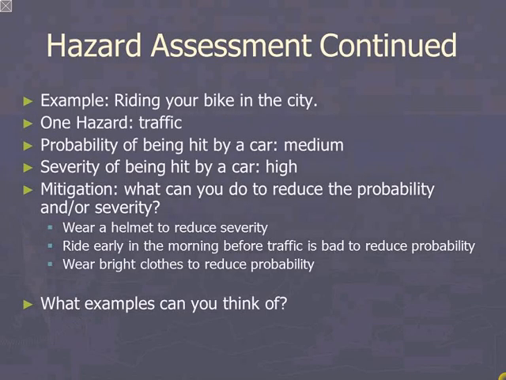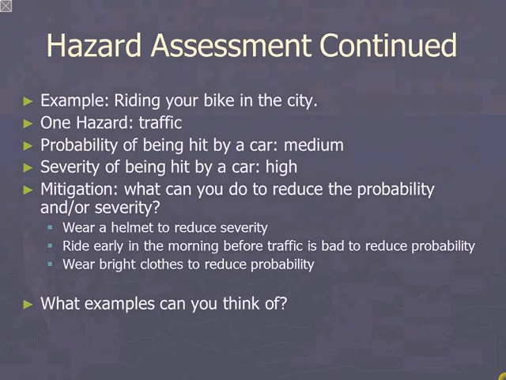A hazard example would be riding a bike in city traffic. The probability of being hit by a car, depending on what you're riding in, is medium. However, the severity of being hit is high. So you're looking at mitigation: what we can do to reduce the probability and or severity of encountering traffic.